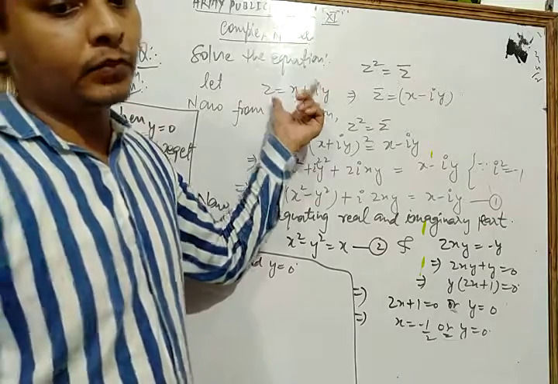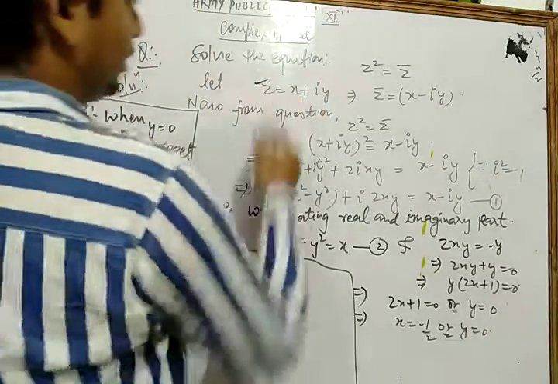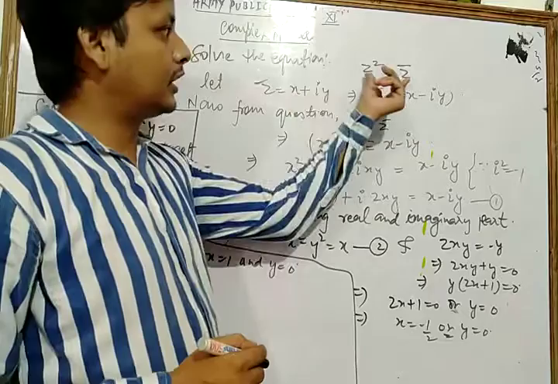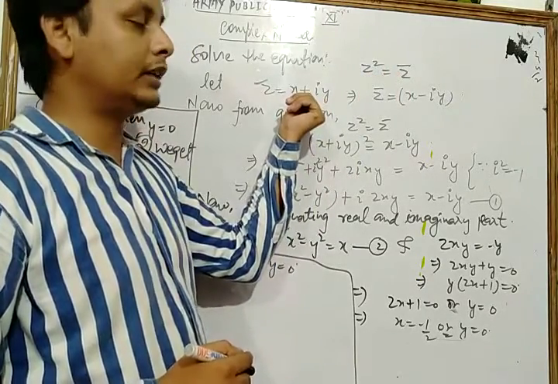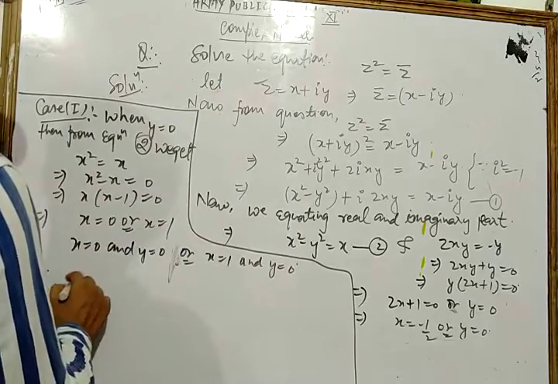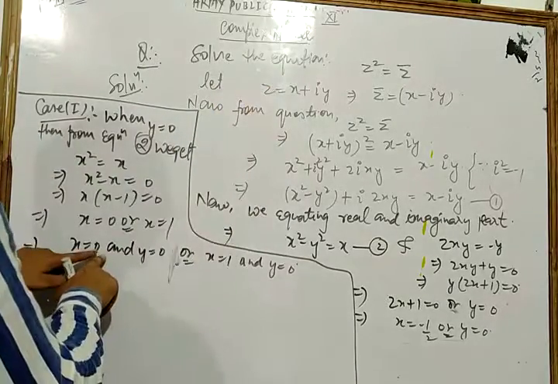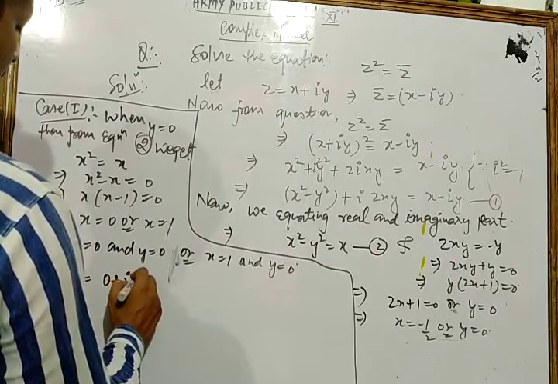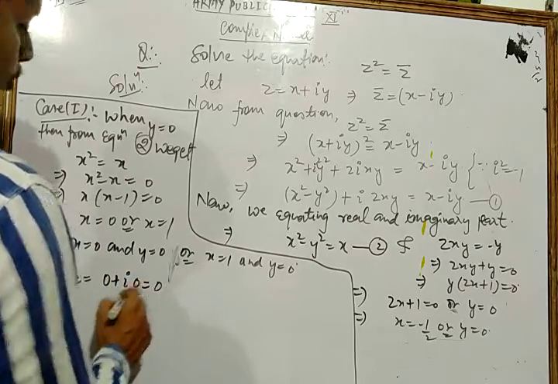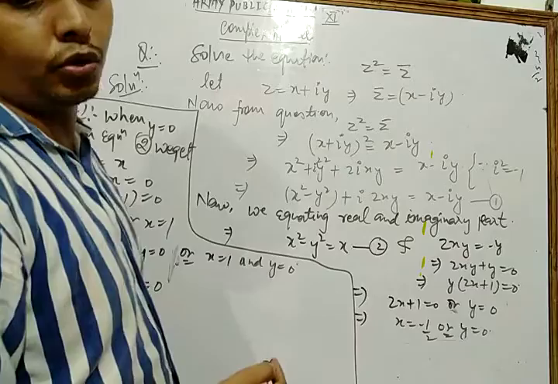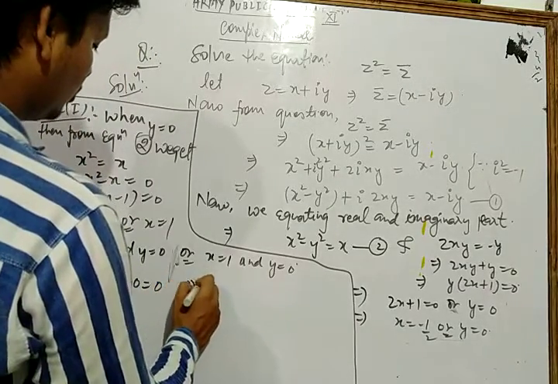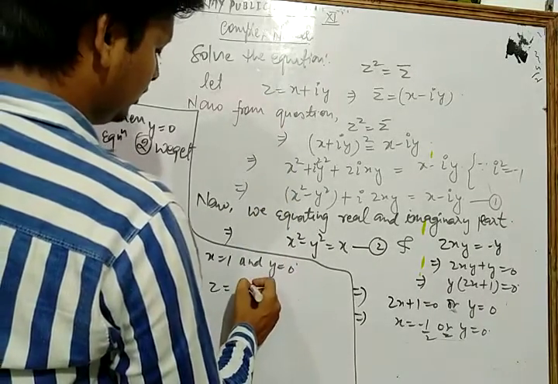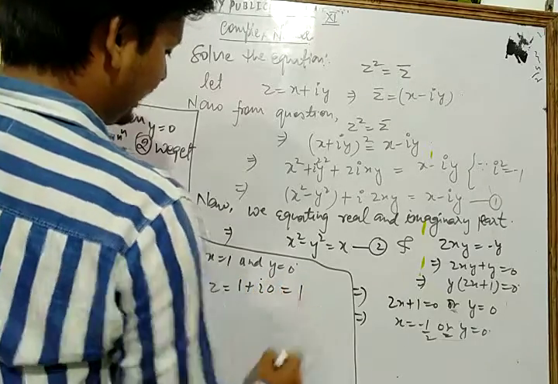Since the required value z is the solution of the given complex equation, we put x equal to the corresponding values. First we put x is equal to 0 and y is equal to 0, then we get 0 plus i into 0, so we get 0. Or we put x is equal to 1 and y is equal to 0, so we have 1 plus i into 0, so we get 1.